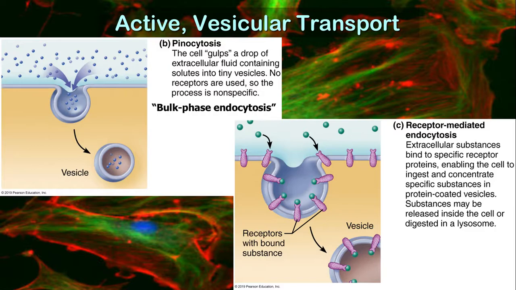You're picking up a specific thing because you have a receptor there that's going to bind to something specific outside of it. And again, because these are pretty complicated processes that involve your vesicles, they require ATP. So they are active transport. Feel good? All right.